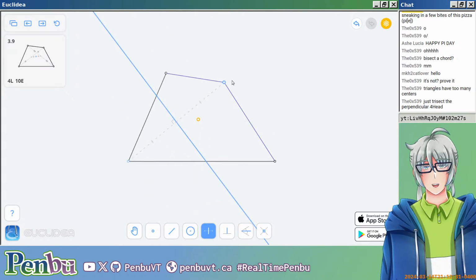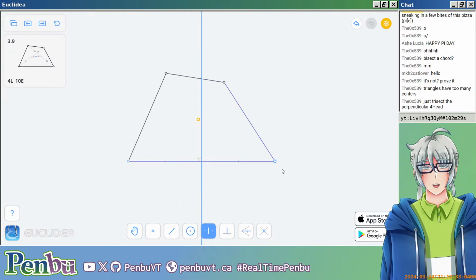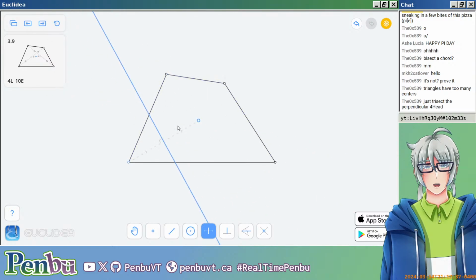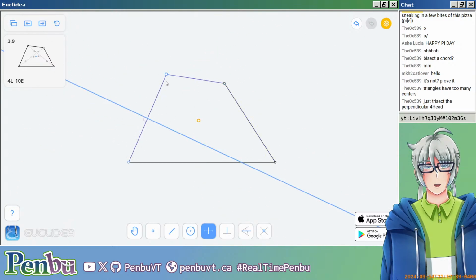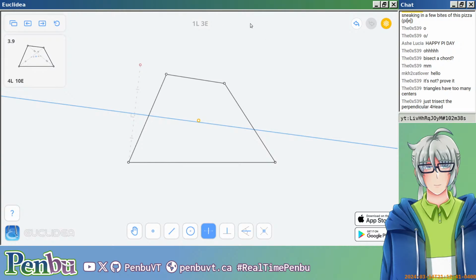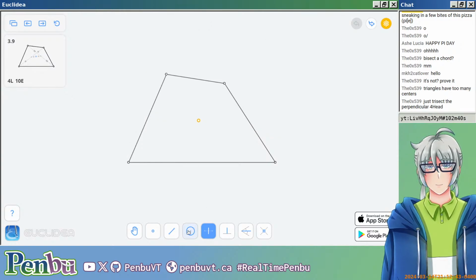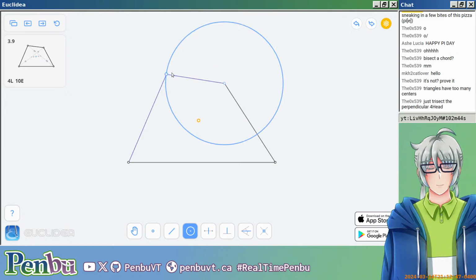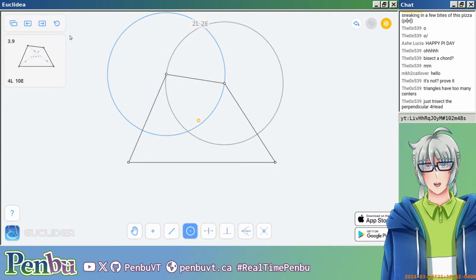Because this feels like it's in the middle of something. Okay, so it's not the intersection of bisectors. And I don't think it has to do with these sides here.